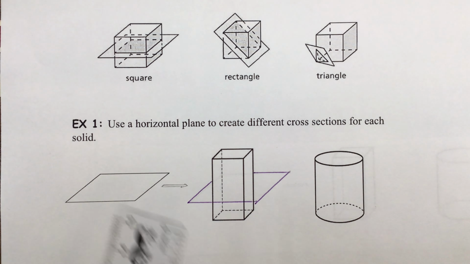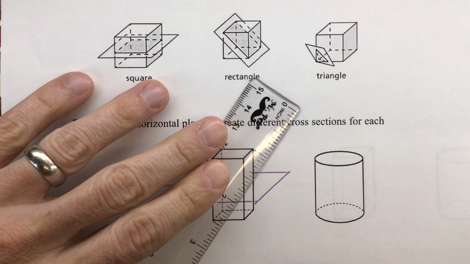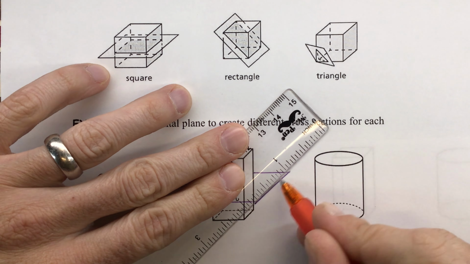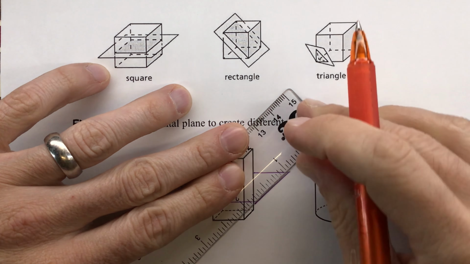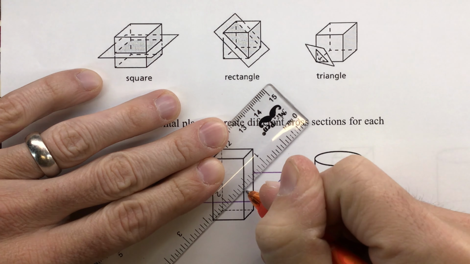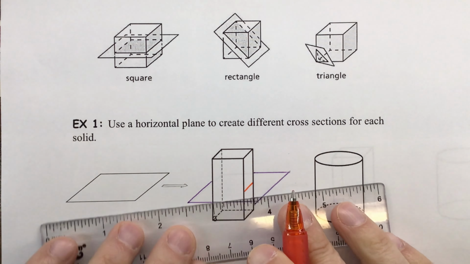And then I got to think about what the cross-section will actually look like. Okay, so I'm going to create a segment that would be parallel to that, which I pretty much just eyeball here. Okay, and that'll go around the figure.